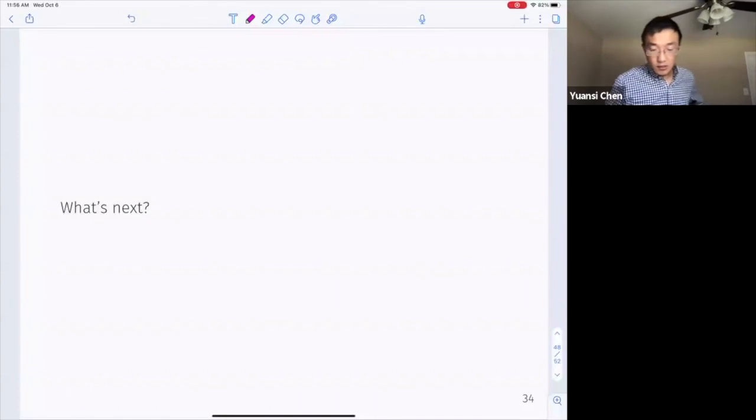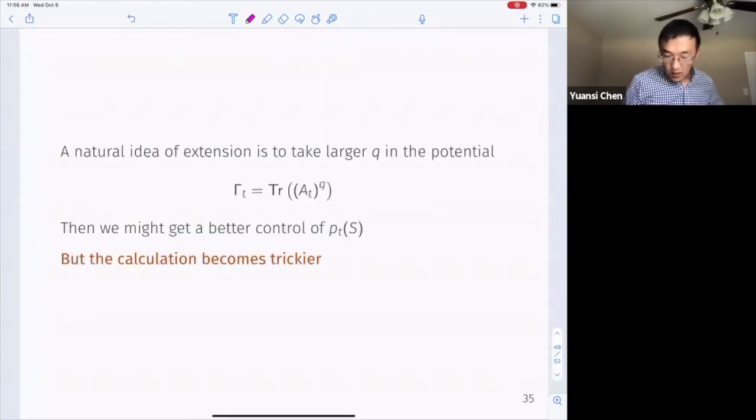Okay, what's next? So this time we have explained 3 examples of this pathwise analysis. It's possible to extend Lee and Vempala's idea. A natural extension is just to consider a larger q. If q is large, then gamma_t to the 1/q is closer to the spectral norm of A_t, right?